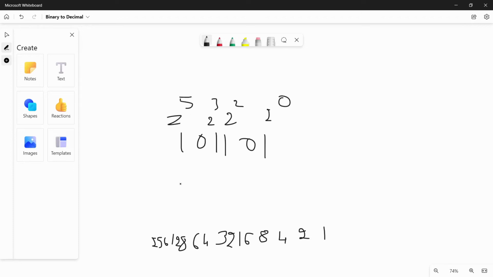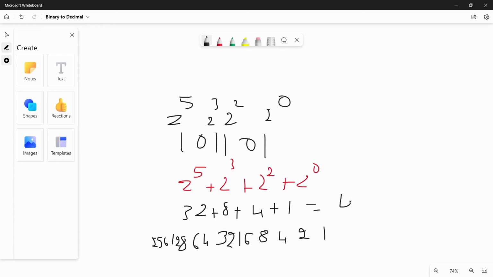I'll write them down over here. 2 to the 5 is 32. Plus 2 to the 3 is 8. Plus 4 plus 1. 32 plus 8 is 40. Plus 4 is 44. Plus 1 is equal to 45. And so we found the decimal value of this binary format.